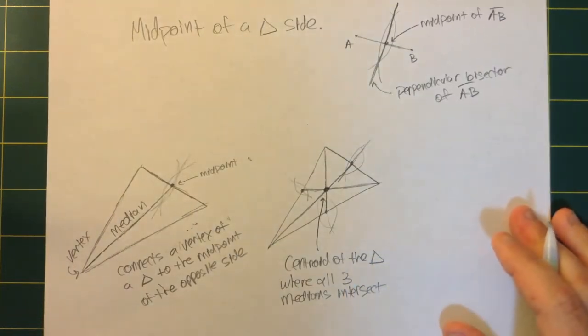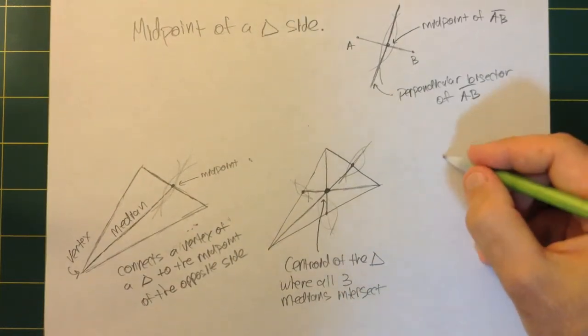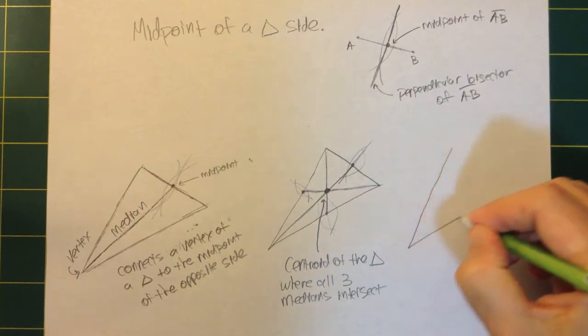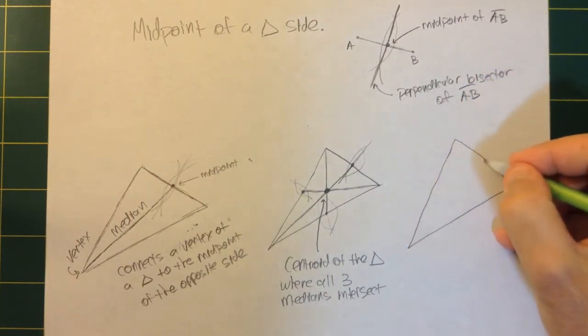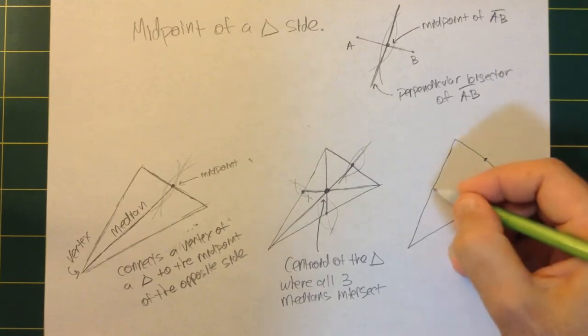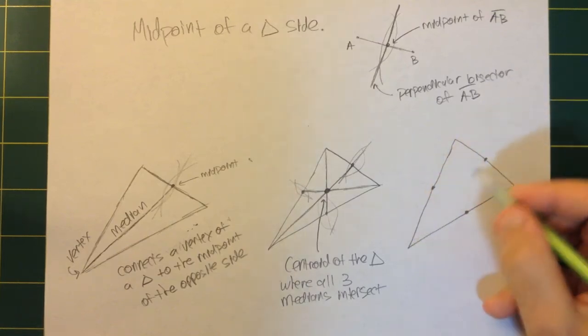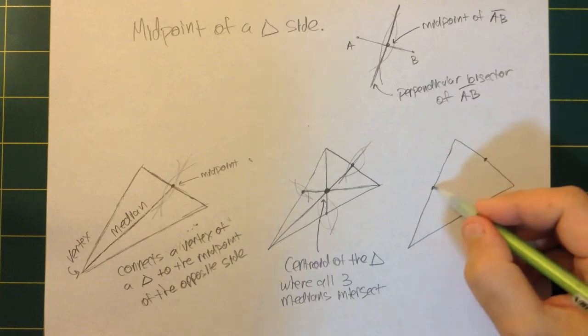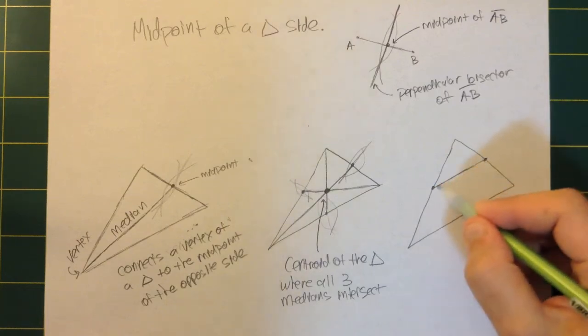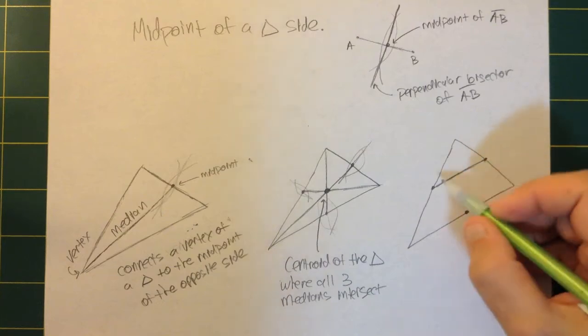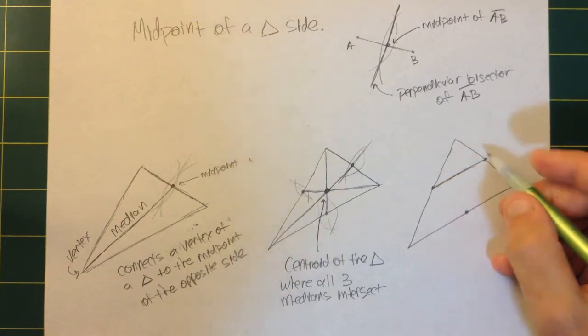intersect. And then the last thing we could do is start out with a triangle, find the midpoint of this side, find the midpoint of this side, find the midpoint of this side, and instead of connecting vertices to make medians, I could just connect these midpoints. When I connect the midpoint of one side to the midpoint of another side, this segment right here, it gets a special name.